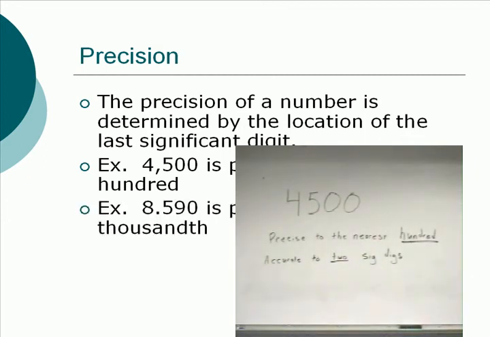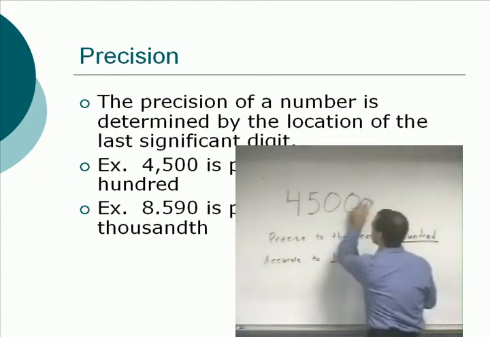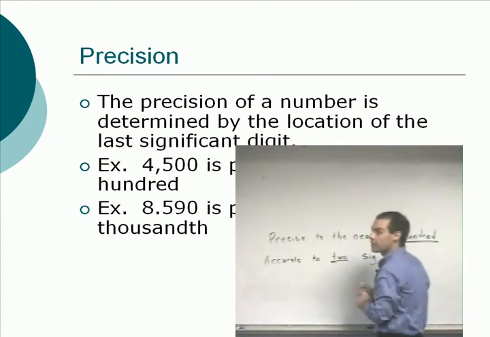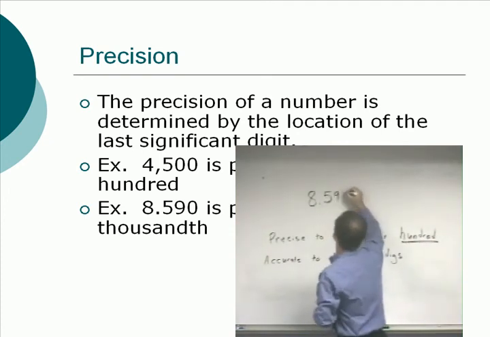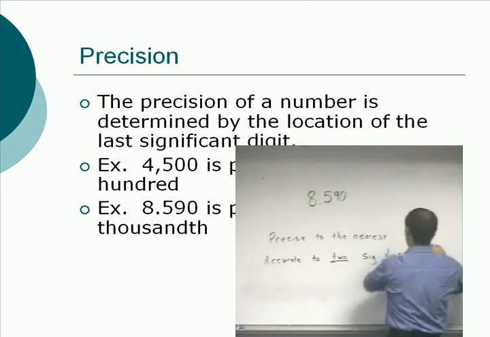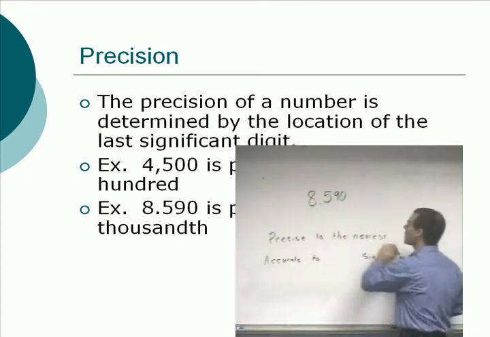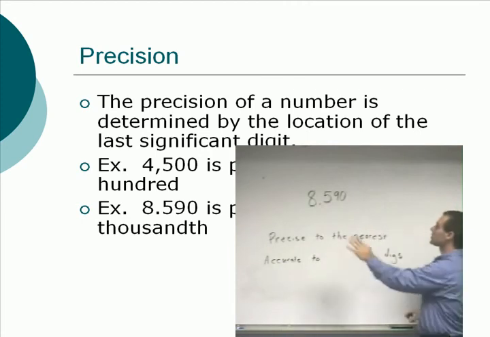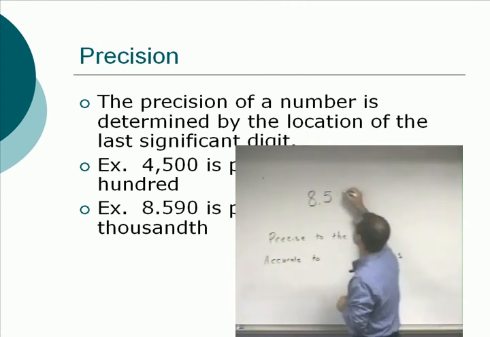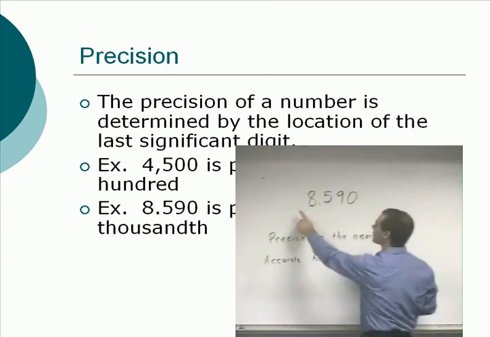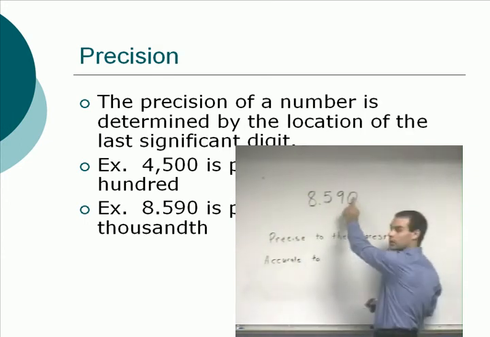The number 8.590 is precise to the nearest... Where is the last significant digit? The last significant digit, is this 0 significant?